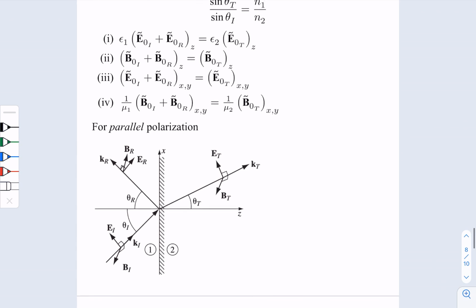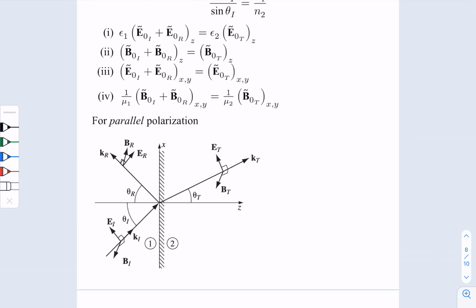To do that, just as I discussed earlier, we really need to specify the polarization of the light. If you still remember from the previous lectures, I discussed that the polarization can be in plane or out of plane.